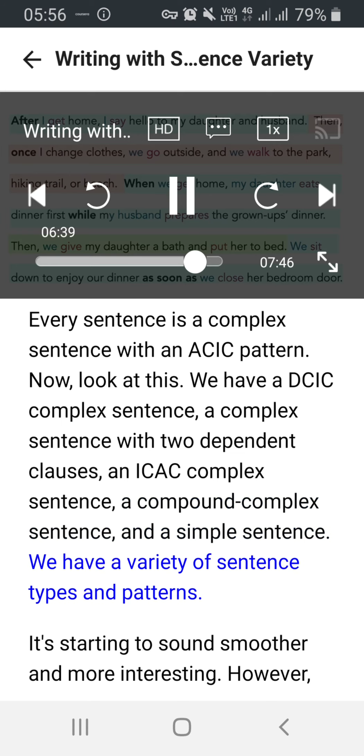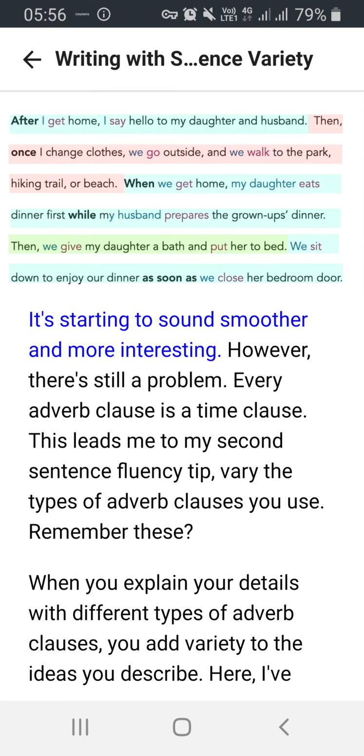We have a variety of sentence types and patterns, so it's starting to sound smoother and more interesting.